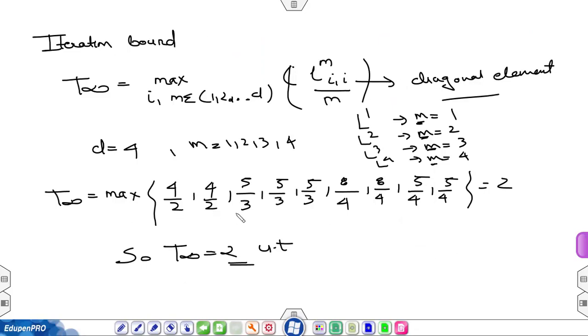All the diagonal elements divided by their respective m values are written here and you have to select the maximum out of these. So maximum is 2. This calculation can be done easily. So the final iteration bound is 2 unit time.